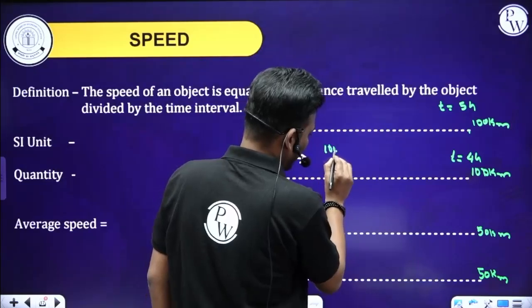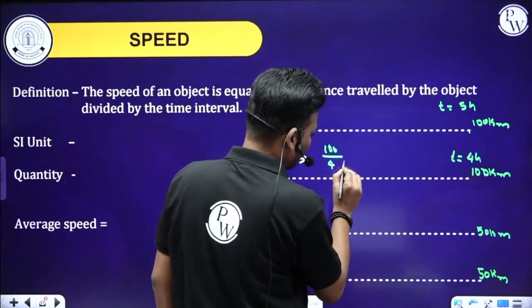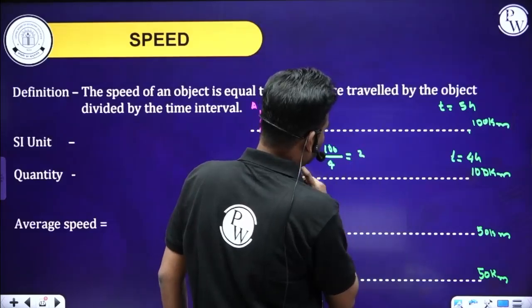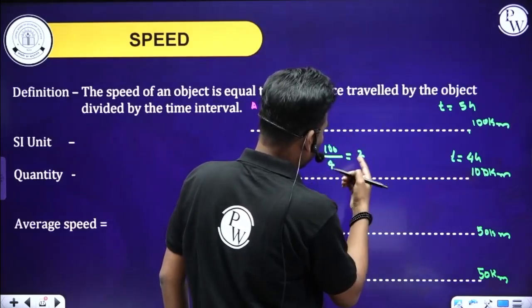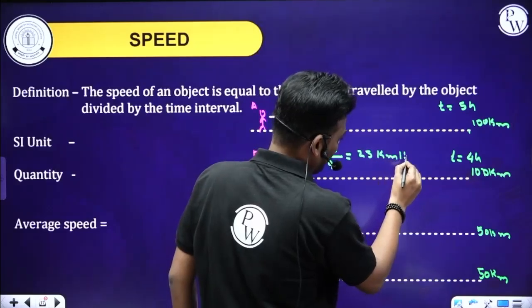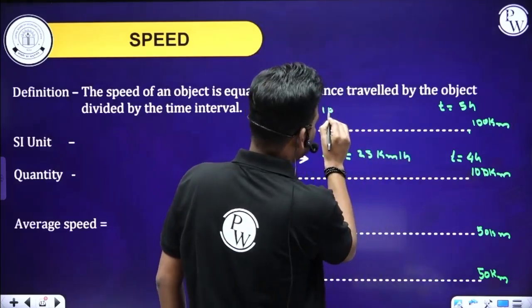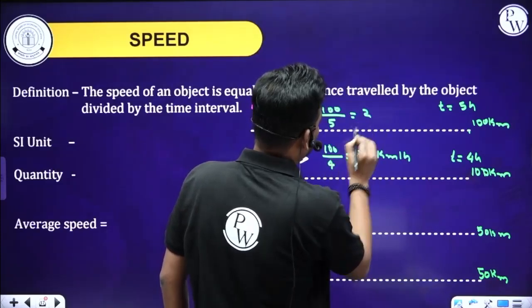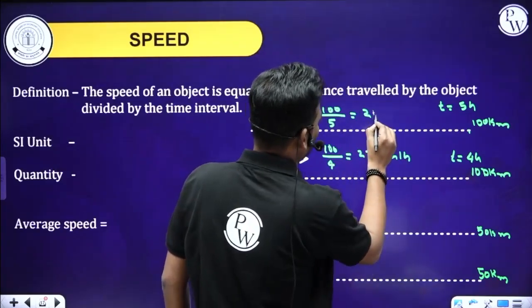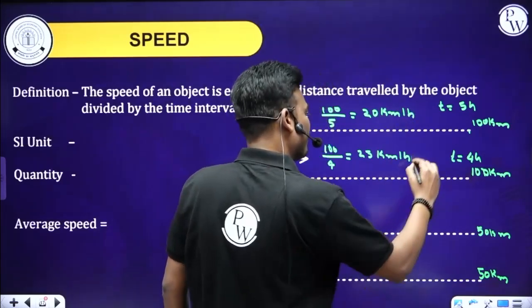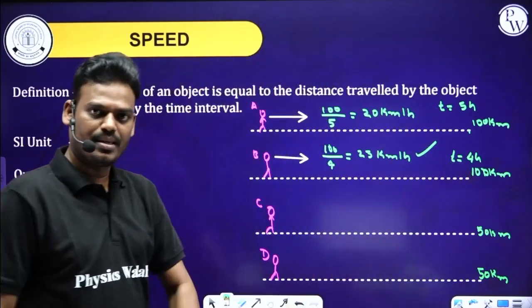Distance means 100 kilometers divided by time taken, that is 4. So 4 times 25 is 100, so 25 kilometers per hour. And what about this? Distance is 100 kilometers only, but the time taken is 5. So 5 times 20 is 100, that means 20 kilometers per hour. So which one is moving faster? The body B. Simple.